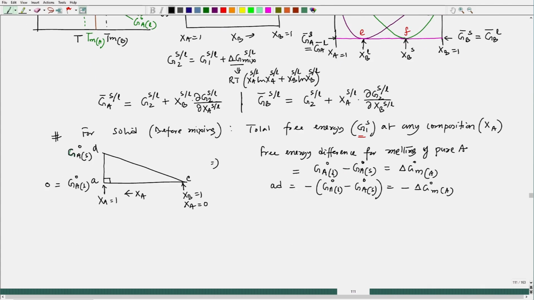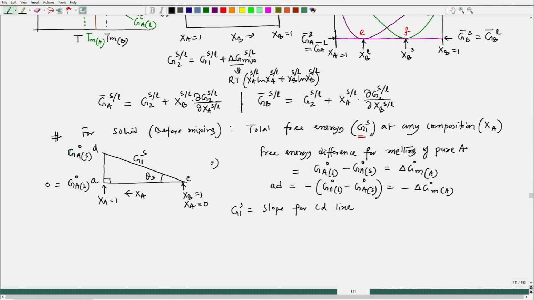Now G1 S is nothing but the slope of the CD line, that is tan theta solid, the slope of the CD line.